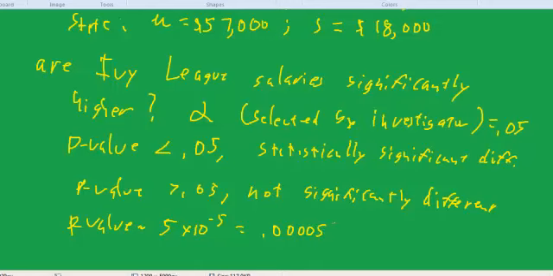There might be another zero there, but in any case, it's very small, so it's definitely a statistically significant difference.